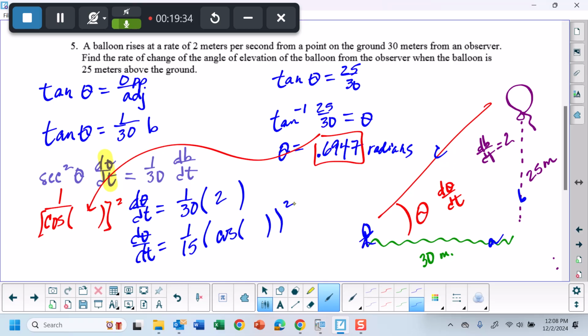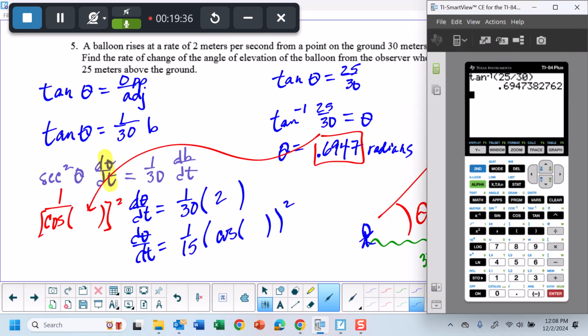So I'm going to go ahead and put that theta in with my calculator. I can do second answer, and it'll plug this answer in. So the cosine is that, and then I want it squared, and then I want it divided by 15, and I get that value. That's how much is changing.